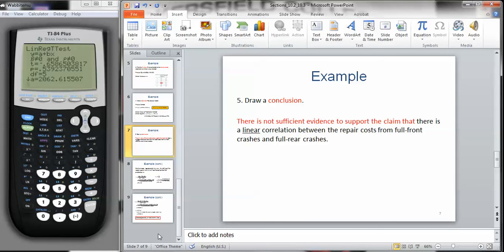The claim from the original question is there is a linear correlation between the repair cost from the full front crashes and full rear crashes. Here I also put an underline for linear, because you need to be careful with your conclusion about testing a linear correlation coefficient.